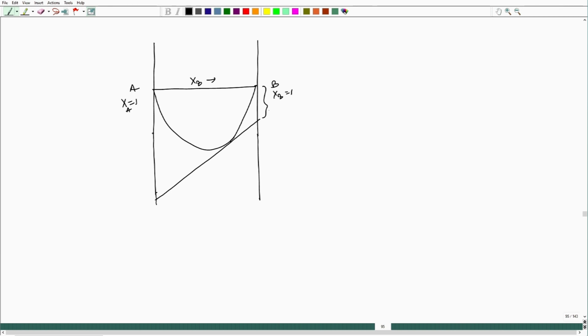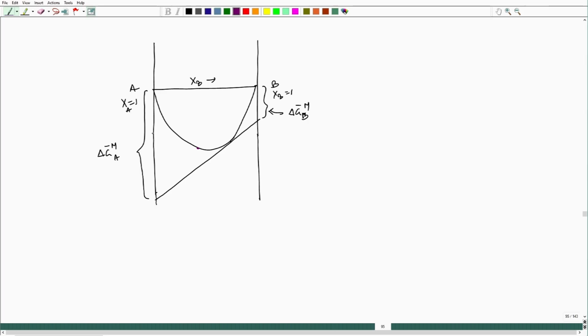Now, this quantity is nothing but delta G bar M B, and this quantity is nothing but delta G bar M A. Now, instead of that, let me just take another point here.